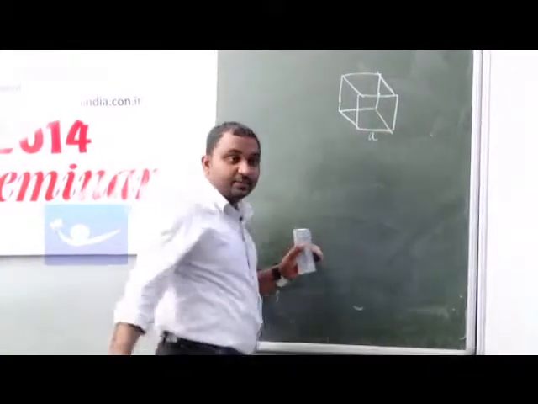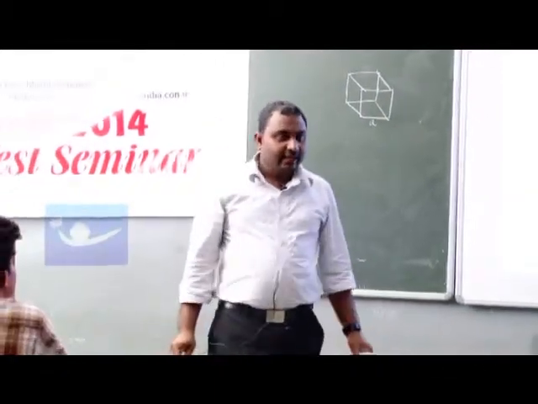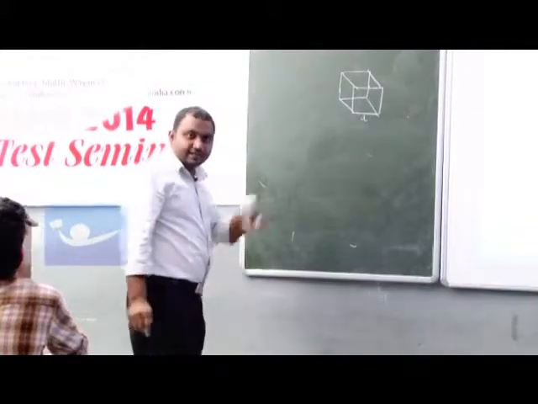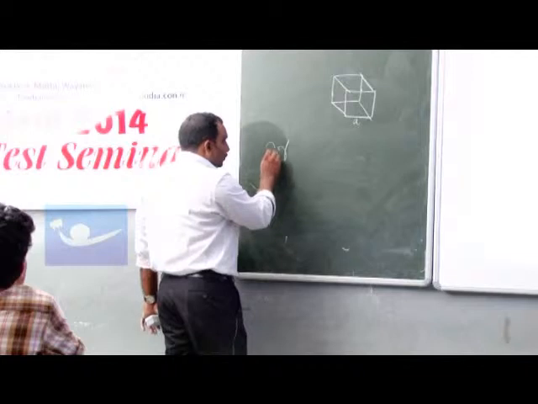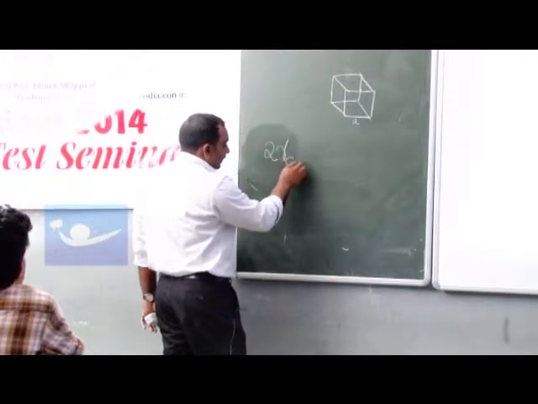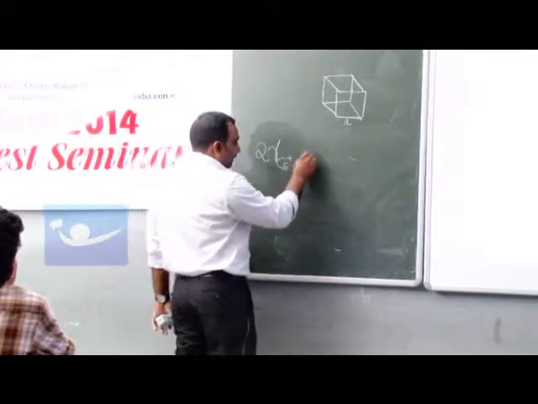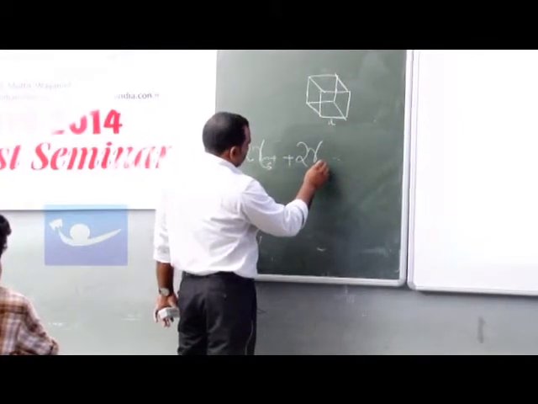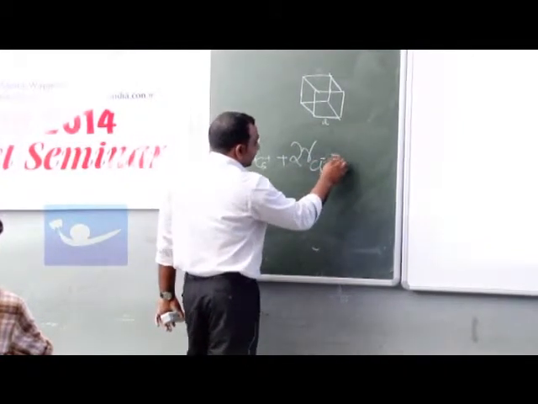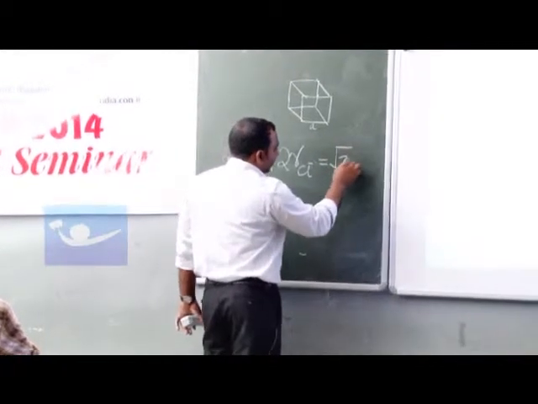And there is a standard equation, you must have derived it, that is 2 into r Cs plus 2 into r Cl minus is equal to root 3 a.